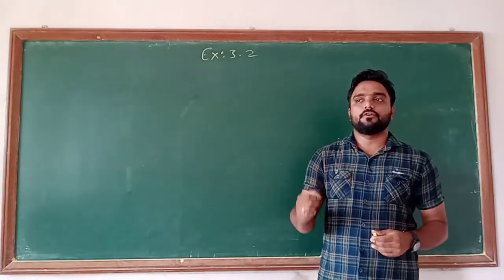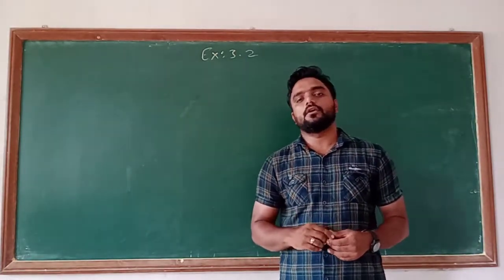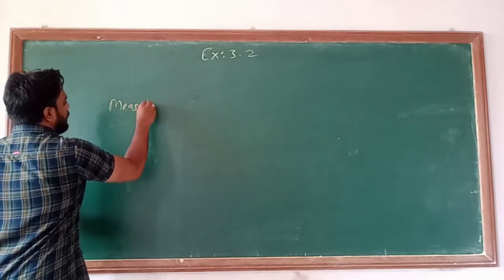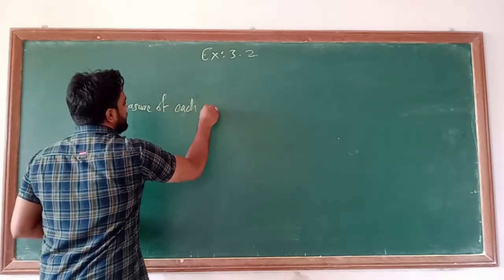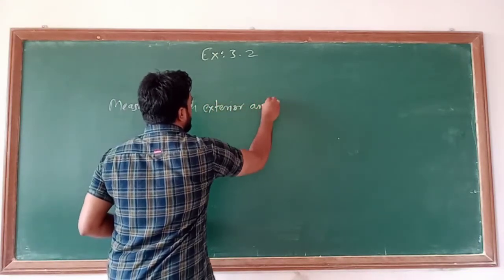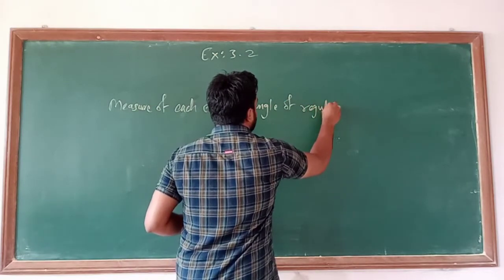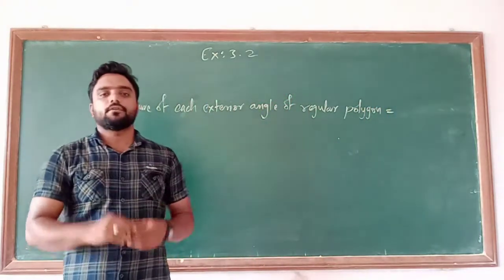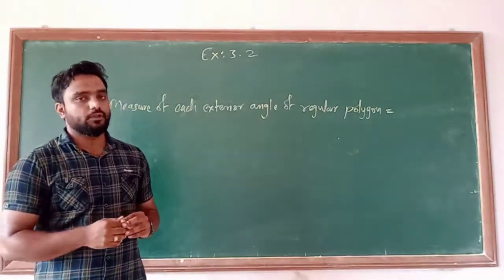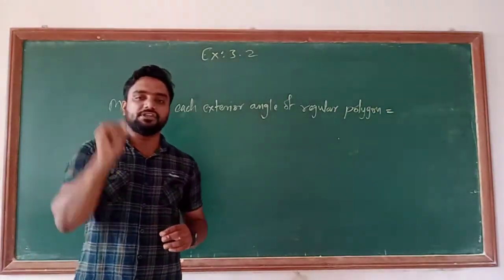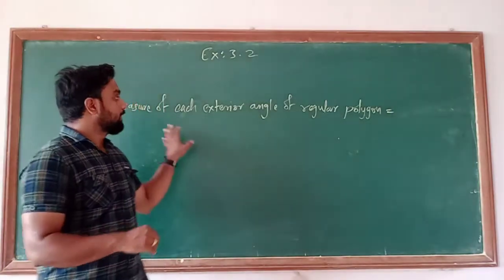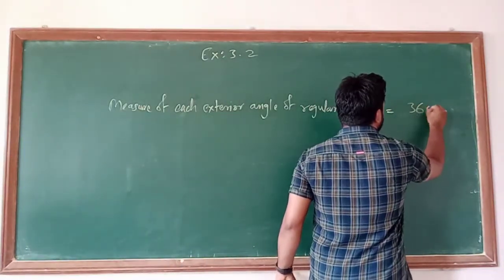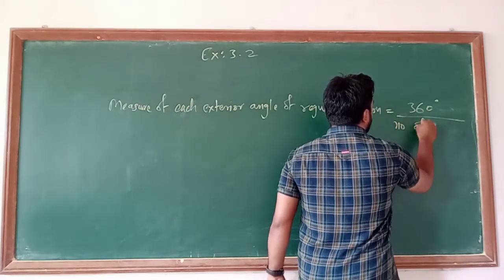So the formula for finding each exterior angle of a regular polygon is: the measure of each exterior angle of a regular polygon is equal to 360 degree divided by the number of sides.